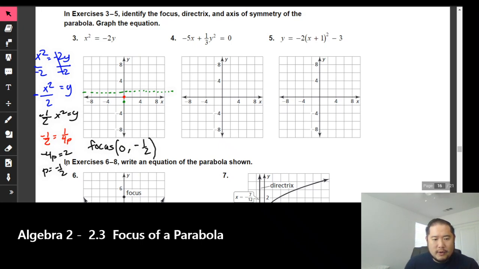This, remember, is p. So for the directrix, I can go ahead and put y is equal to negative, and then negative 1/2, which equals positive 1/2. And that's the equation of this line right there.